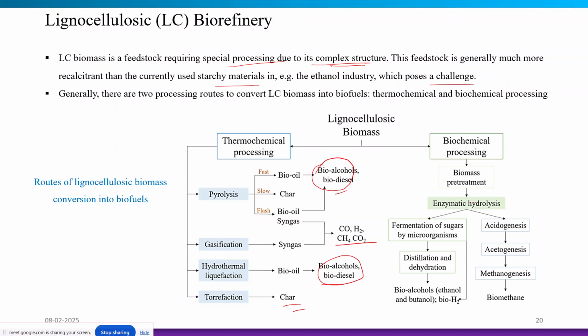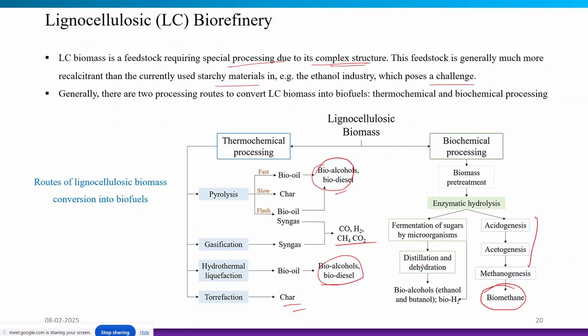In the enzymatic hydrolysis or the biochemical processes, we are doing acetogenesis, methanogenesis. These processes I have mentioned in the last class also. So we are getting a lot of biomethane production out of that. And when we are doing the fermentation of those sugars from lignocellulosic biomass, after fragmentation we are getting a lot of sugars, and those are fermented by the microorganisms.